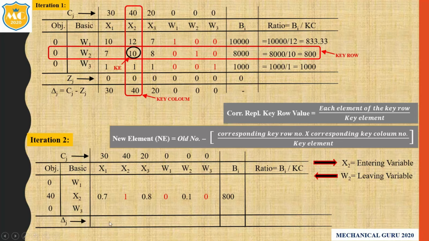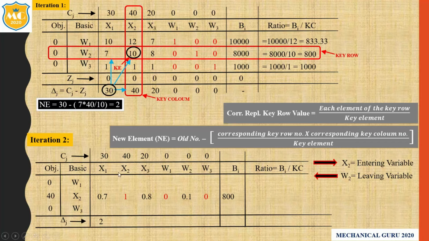The old number is 30, minus, in bracket, the corresponding key row value 7 into the corresponding key column number, that is 40, divided by the key element, that is 10. So new element is equal to 30 minus 7 into 40 divided by 10, which is equal to 2. So here we write down 2. Here we get a positive value, which means we have to go for the next iteration.